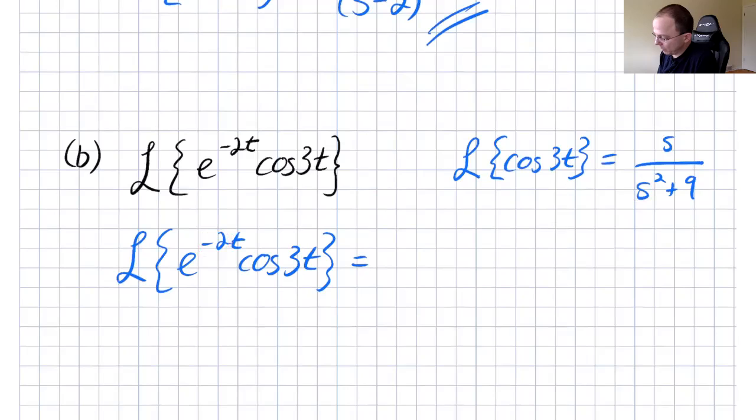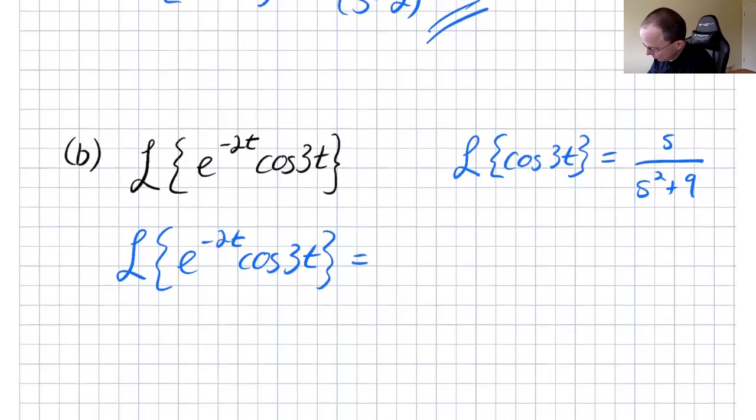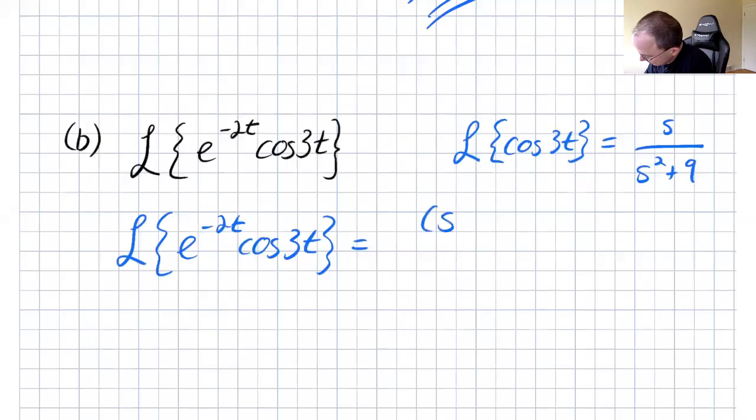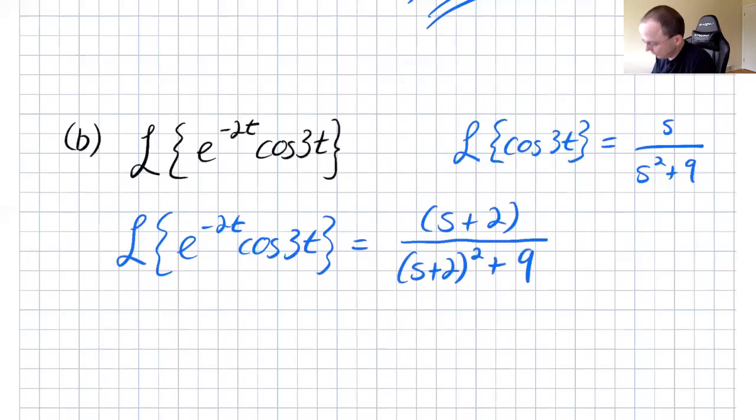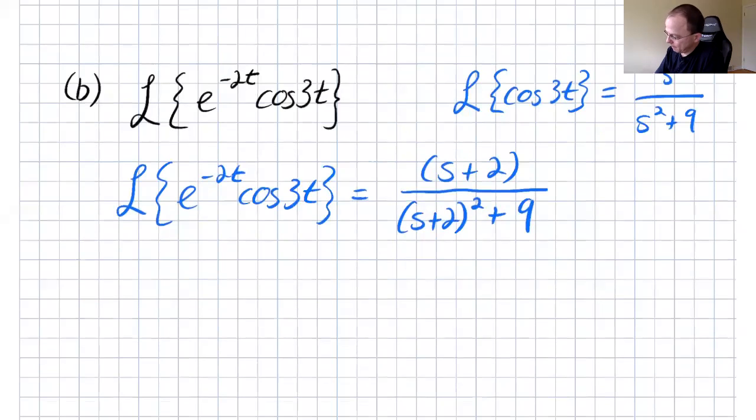So in other words, we replace s with s plus 2. So we're going to have s plus 2 over s plus 2 squared plus 9. Okay, so fairly straightforward, I hope.